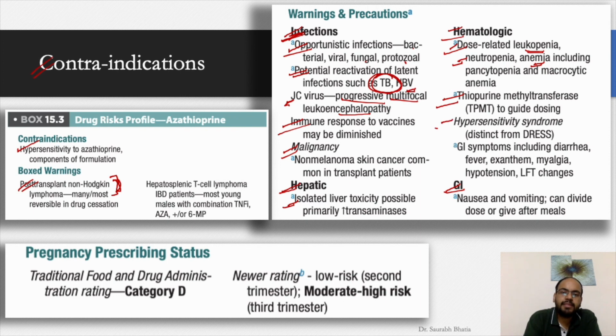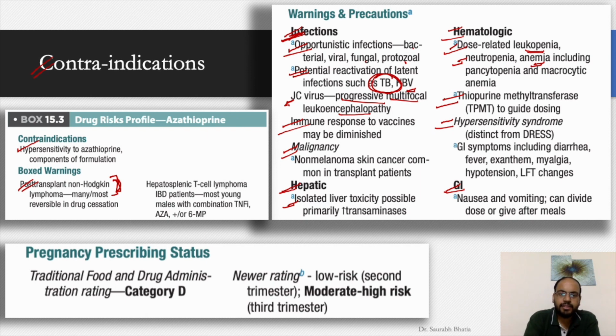Now, hypersensitivity syndrome to azathioprine is somewhat like a drug reaction, but it has been described as distinct from DRESS. Okay, DRESS is a different entity altogether, although that is also caused by a drug, by any drug. But this drug hypersensitivity to azathioprine is different in presentation as compared to DRESS.